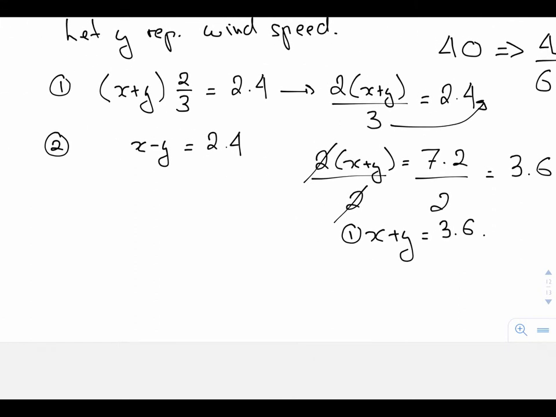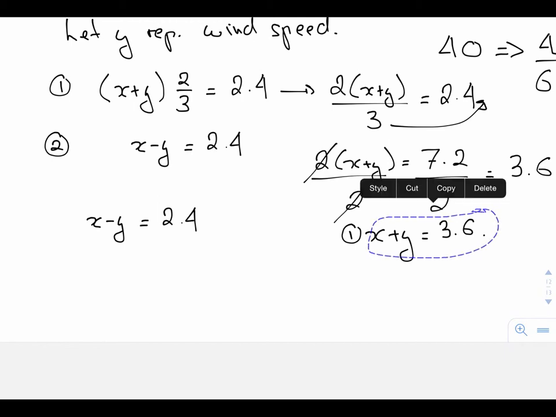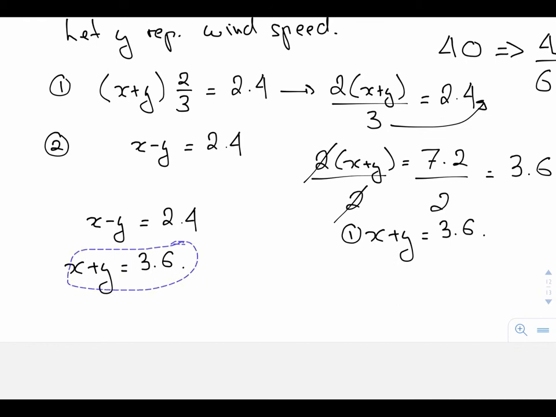So here's equation number 1 modified. Here's equation number 2. And I think I can solve using elimination or substitution. We can pick. I think I'll go with elimination. So let me take a copy of this equation, put it here. And I'm going to take a copy of this equation, carefully cut it out, and put it here.